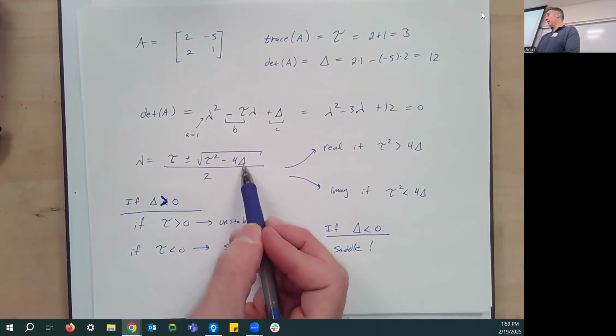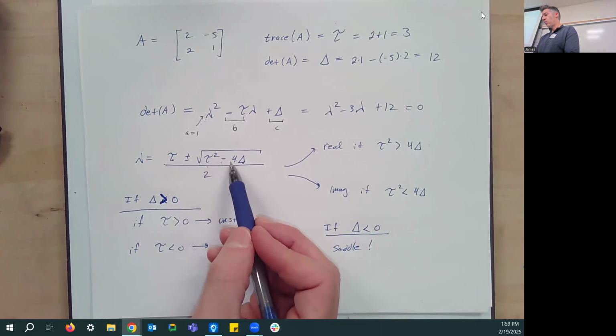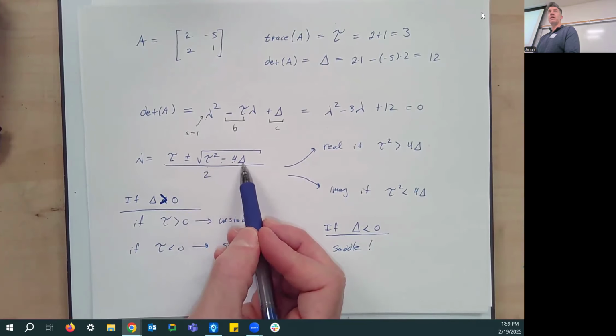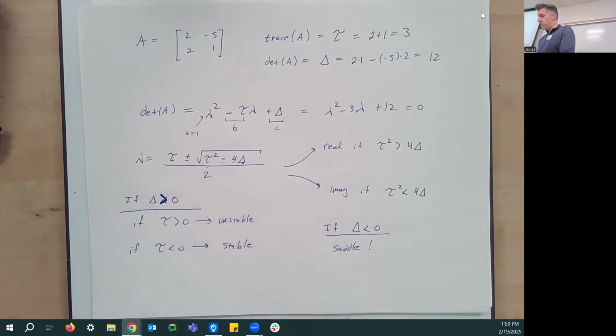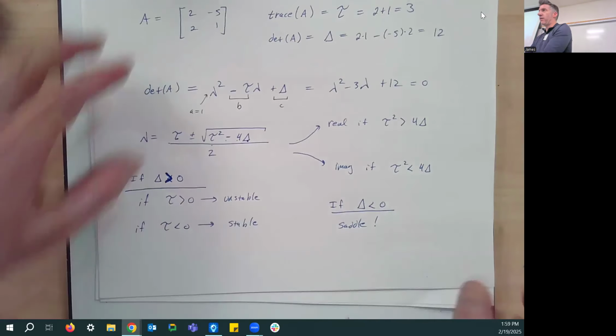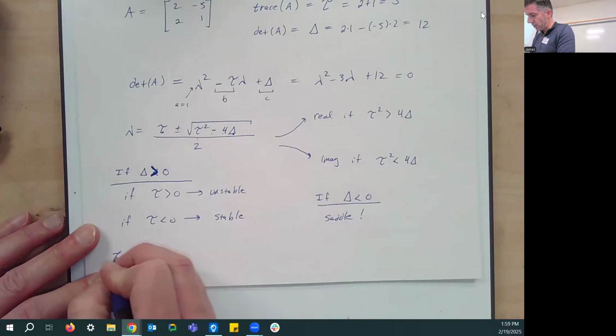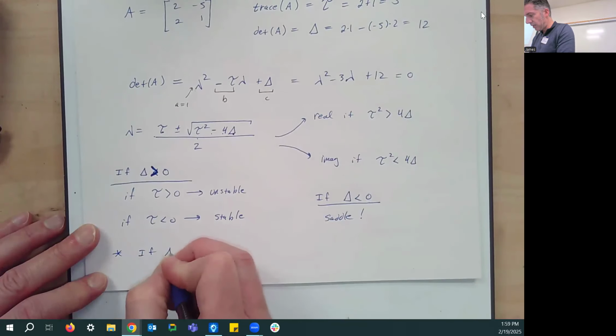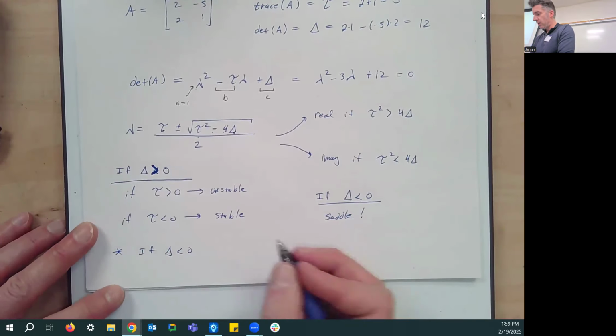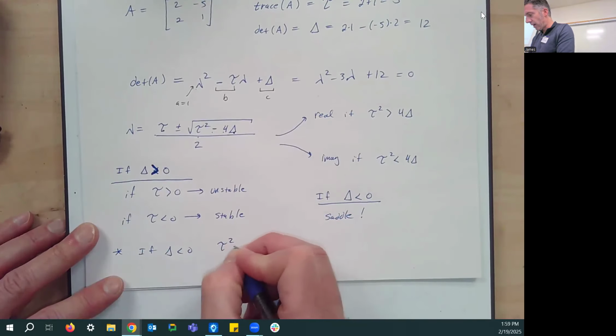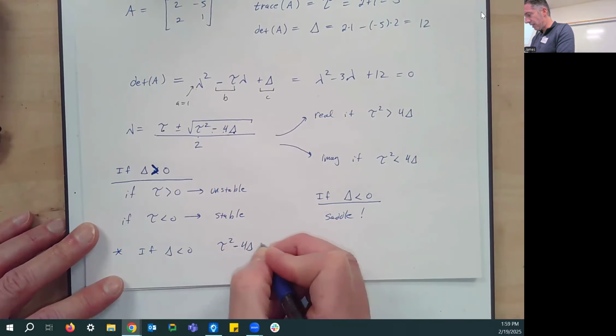If your determinant is negative, then tau squared minus 4 times your determinant is going to be more positive than it was before. Let me write this down because I think this is really worth seeing. So note, if delta, the determinant, is negative, then tau squared minus 4 times delta is bigger than tau squared.